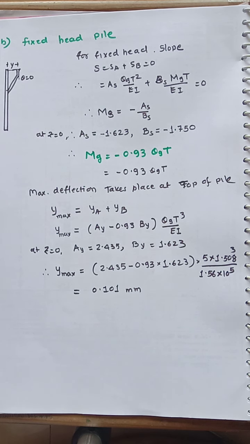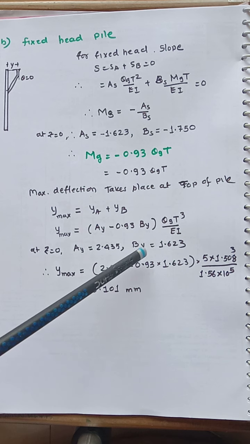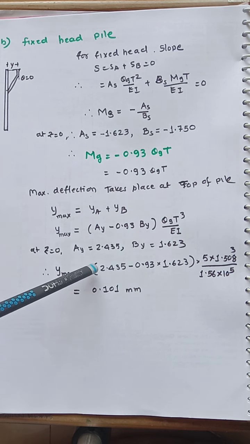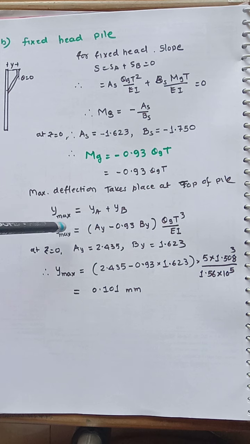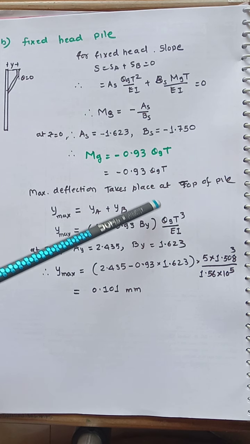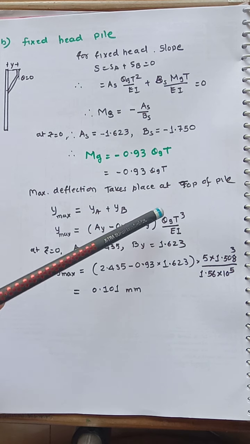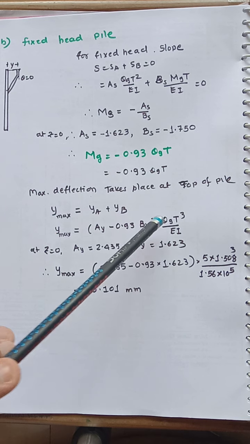Here at Z equal to 0, the AY value is 2.435 and the BY value is 1.623. When you substitute, this is in terms of QG, because the external moment here is counterclockwise, so the 4.5 moment value will not be taken here, and we substitute the QG value.